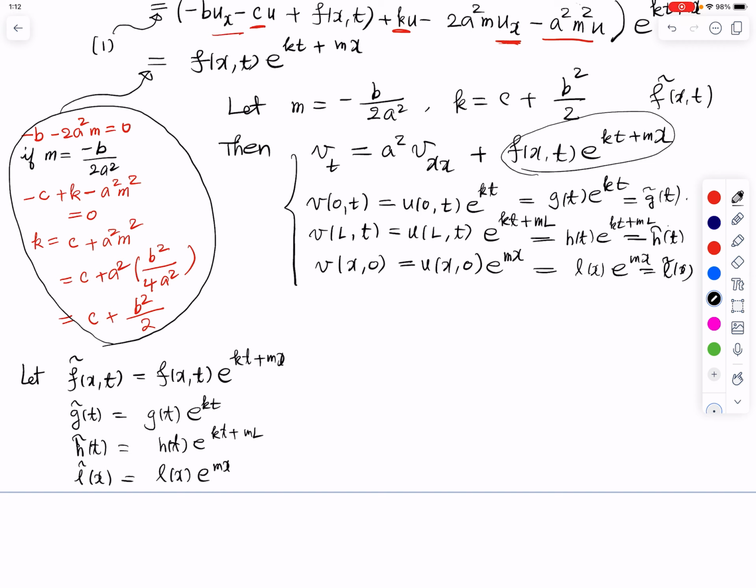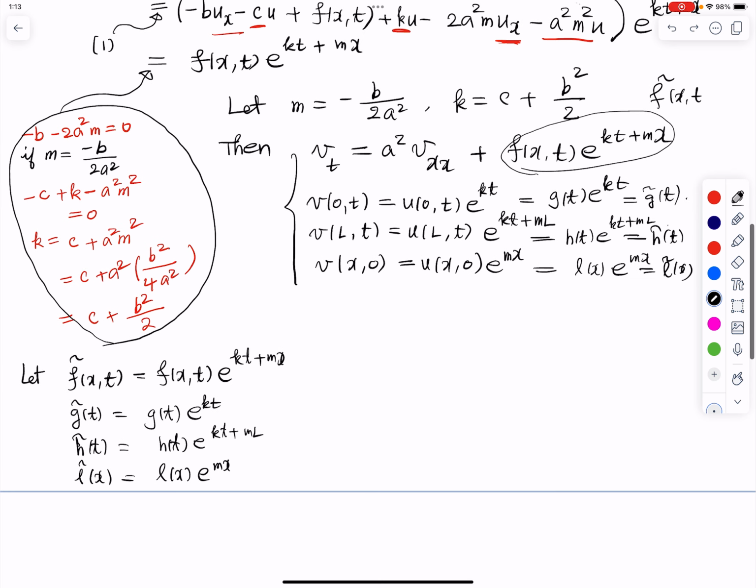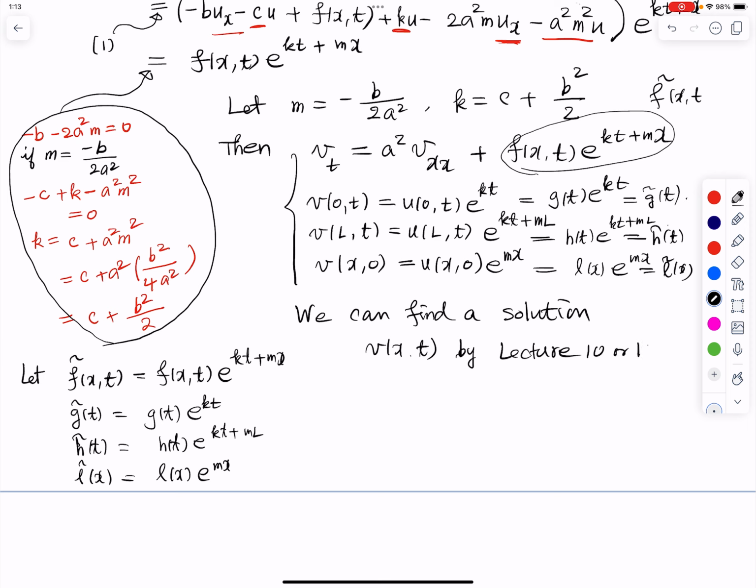So we derive the equation we already know. This is the system, and then we can solve. Then we can find a solution vxt by the method of lecture 10 or 11, the previous lecture. So then we are done.